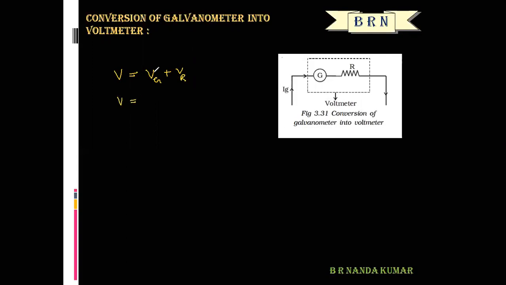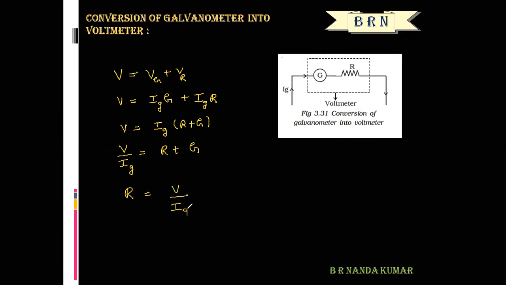According to Ohm's law, the potential difference across the galvanometer is IgG, and across the high resistance it is Ig into R. Taking Ig common, we get R plus G. So V by Ig is equal to R plus G. So R is equal to V divided by Ig minus G. This is the value of the high resistance: R = V/Ig − G.